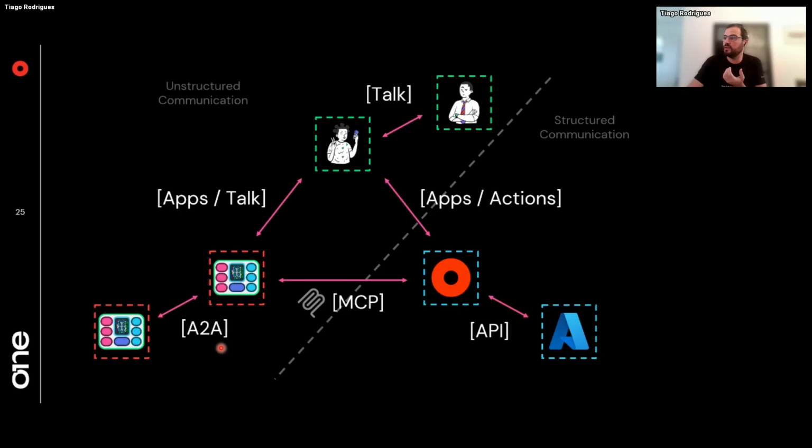But the most important thing I would like you to retain is that we are talking about two very different scopes of protocols. They might seem the same if you look at their structure, but their purpose is really different. So do not confuse A2A with MCP.